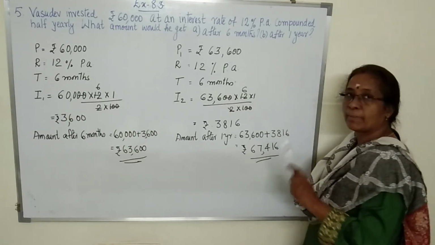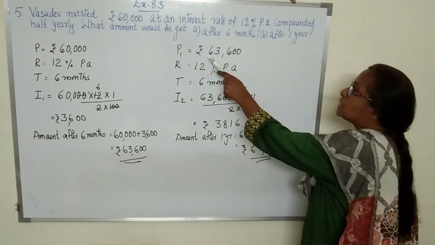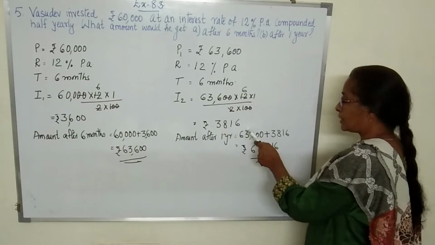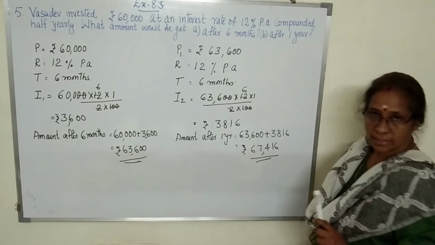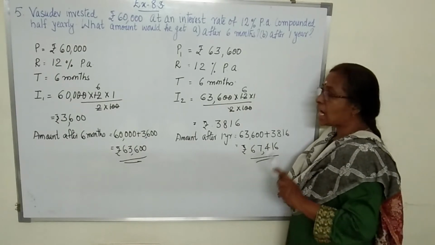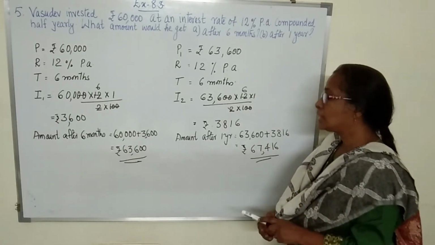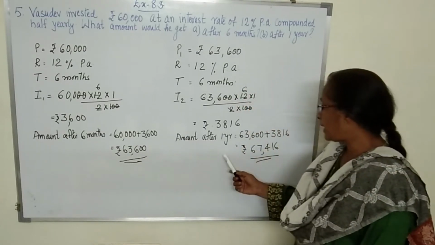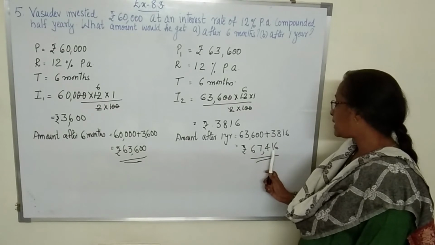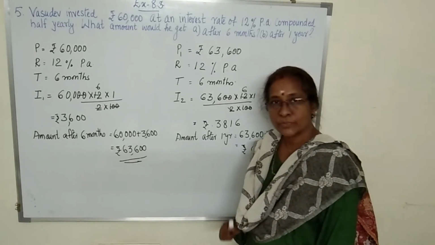So what will be the amount after 1 year? This principal plus this interest. When we add, we get 67,416. That is, after 6 months, the amount will be 63,600, and after 1 year, the amount will be 67,416 rupees.